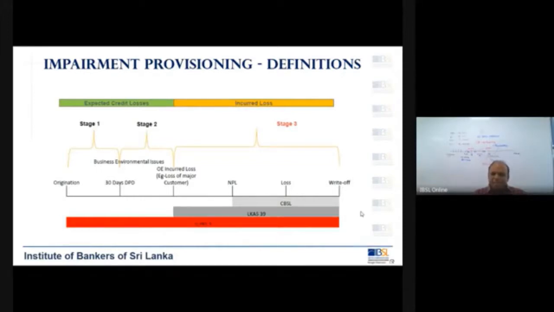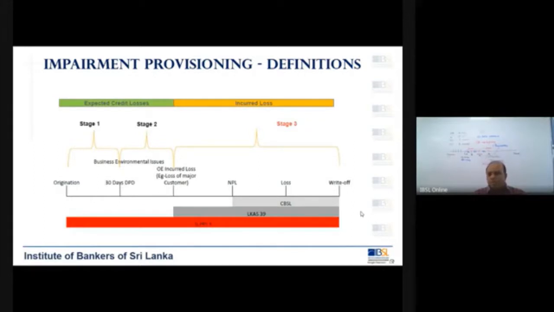So it's like the signs. We call it as objective evidence in accounting terms, but basically that is called as signs of default. Now when we go further on this topic, there will be a special name given, but this is the start. This could be the starting point where this customer might not pay your installment.